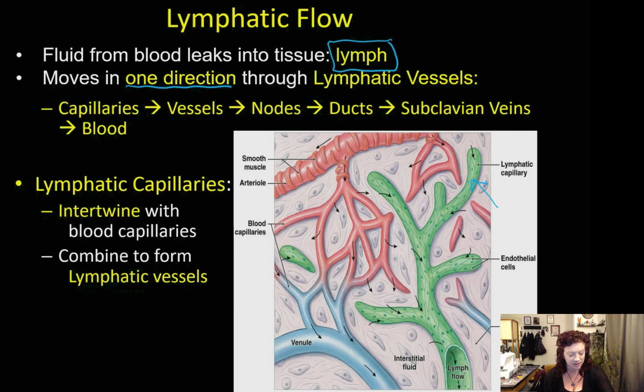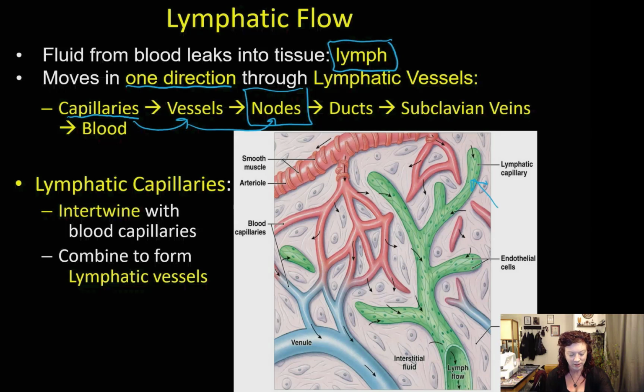It starts at the capillaries, so lymphatic capillaries collect all of the lymph that's being lost from your blood vessels' capillaries. Those capillaries then join together to form vessels. The vessels join together to form nodes. Those nodes then act as a filtration site. We'll talk about them later.